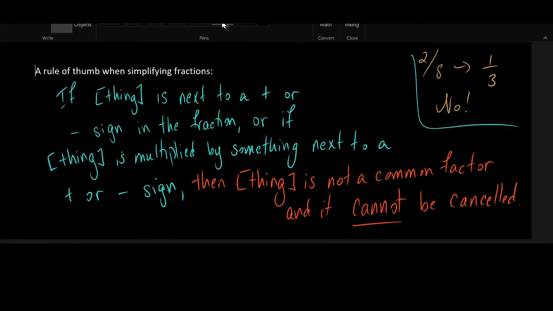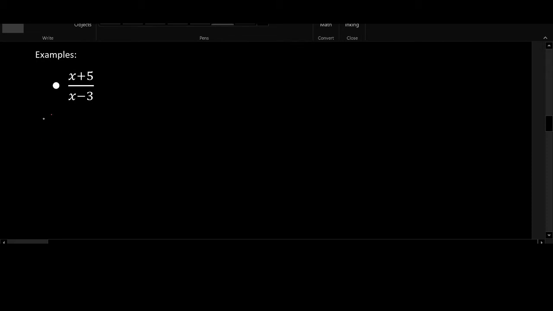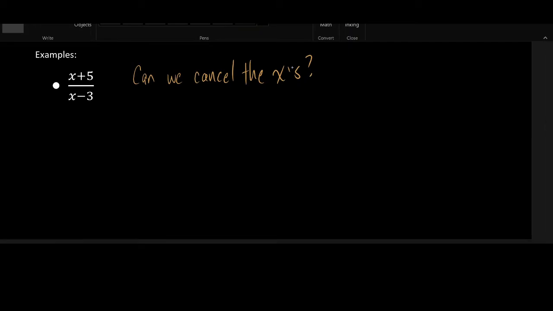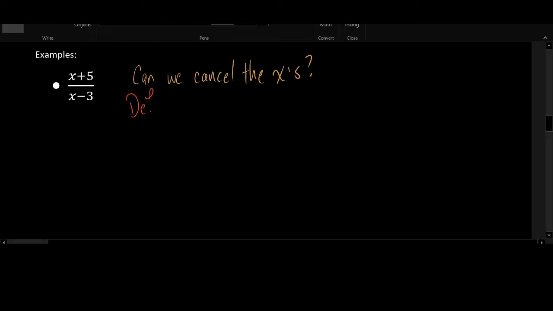Let's do several examples. For example, we have the fraction x plus 5 all over x minus 3. The question is, can we cancel the x's? Is x a common factor of this fraction which can be canceled out? And the answer is no, and the answer is perhaps even definitely no. There are two problems here.